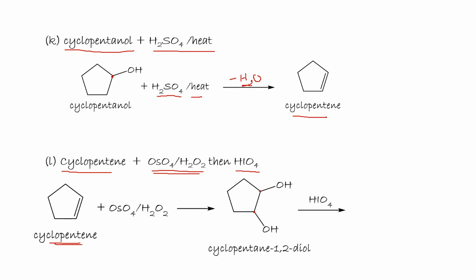In the second step, this 1,2-diol, this carbon bond will cleave and form a double bond here and a double bond here to give pentanedial, the IUPAC name, glutaraldehyde as a common name.